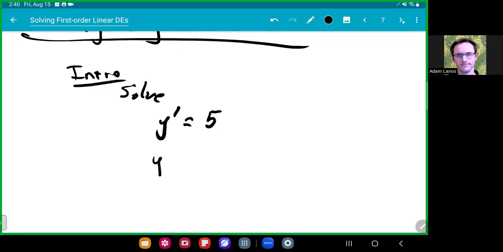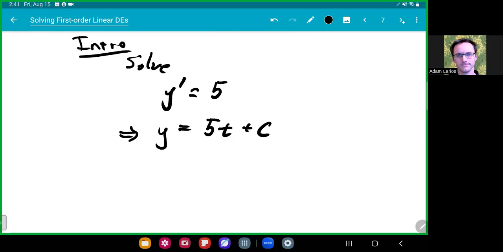If we have y prime is equal to 5, then we can just integrate both sides with calculus, right? We get y is equal to 5t plus a constant. That's it, right? Done. So if we had a differential equation in this form, we can solve it quickly. Let's call this intro 1.